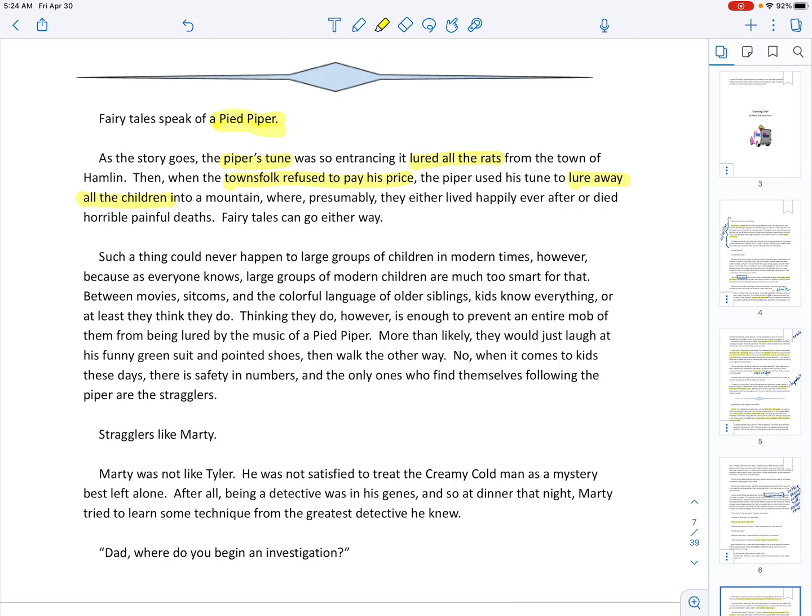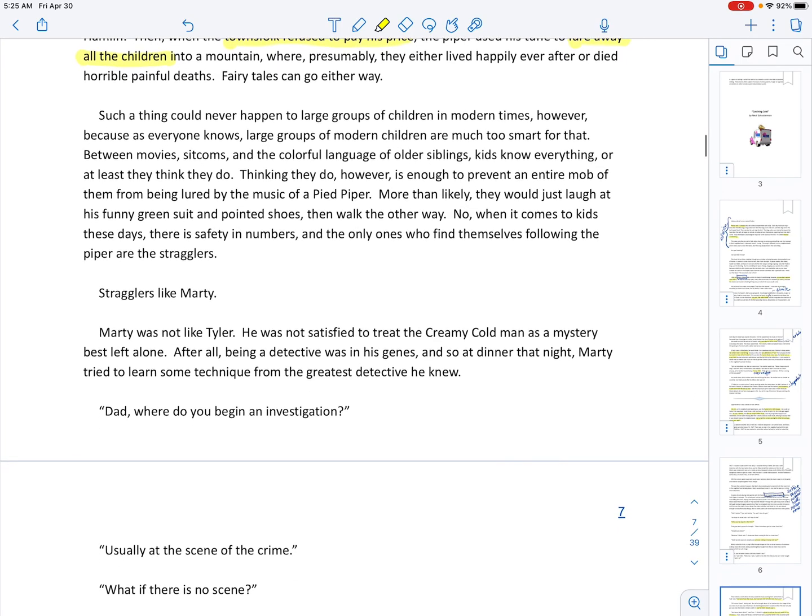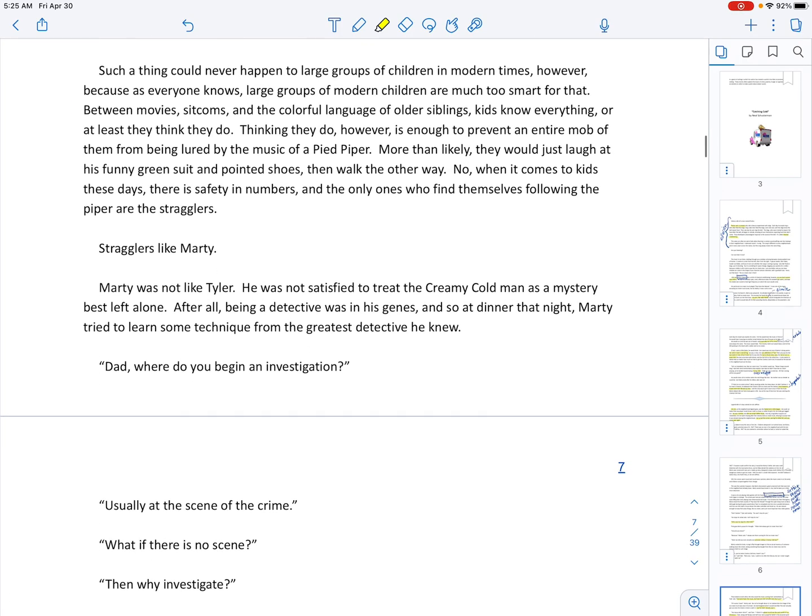I love the way this is phrased. Fairy tales can go either way, which if you've read enough fairy tales, you know is actually true. Such a thing could never happen to large groups of children in modern times, however, because as everyone knows, large groups of modern children are much too smart for that. Between movies, sitcoms, and the colorful language of older siblings, kids know everything, or at least they think they do.